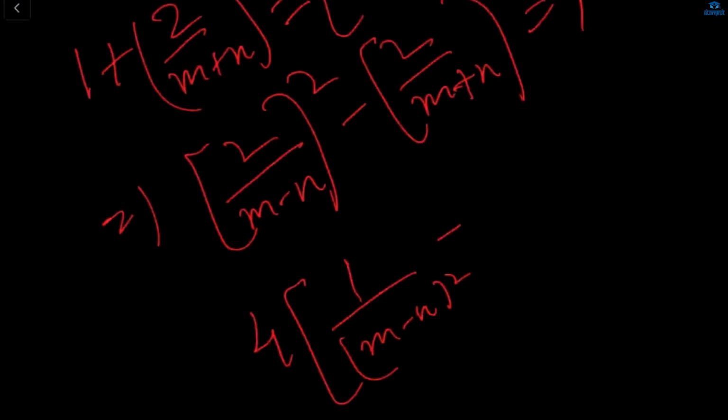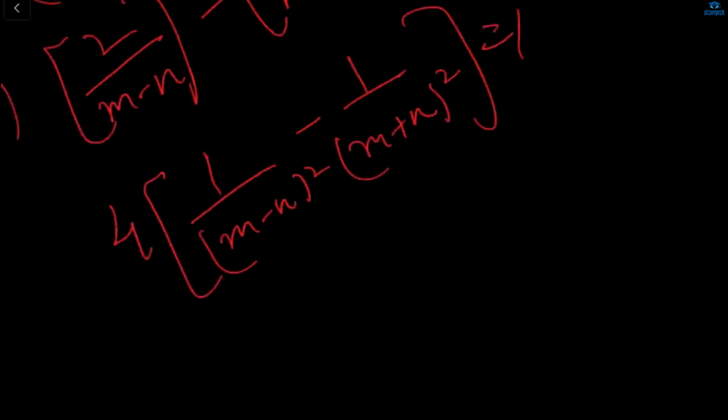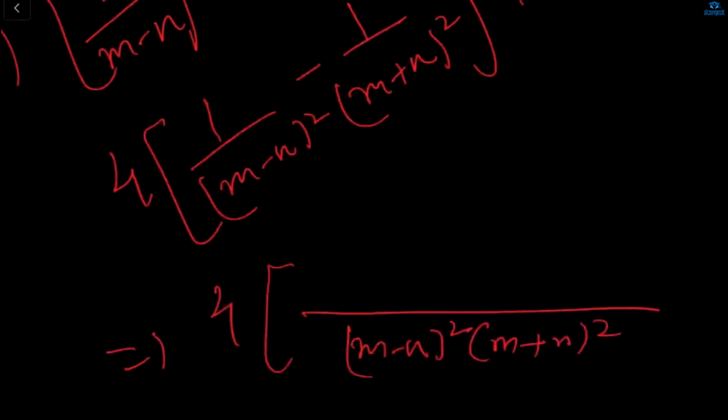Now, taking LCM, it will be (m minus n) whole square, (m plus n) whole square in the denominator, and in the numerator we will get (m plus n) whole square minus (m minus n) whole square is equal to 1. So, in the numerator, everybody can check, it is of the form a square minus b square. So it will be (a plus b)(a minus b).